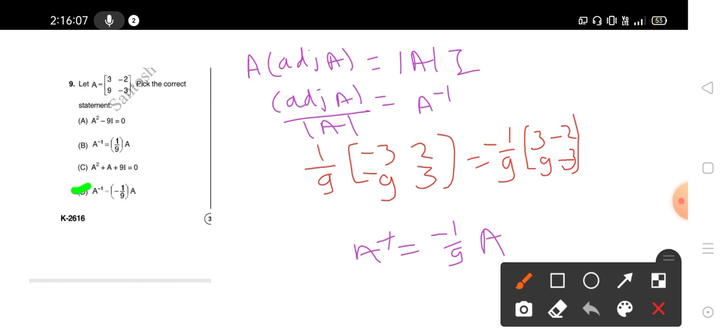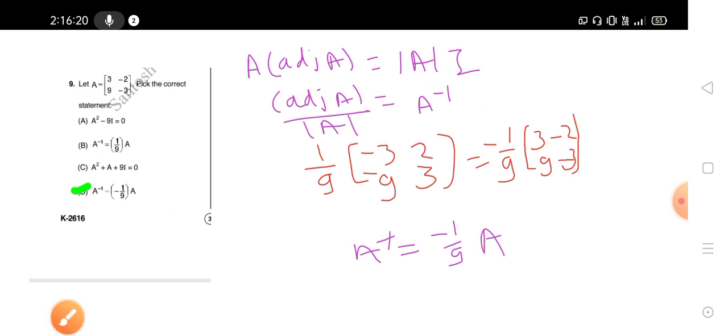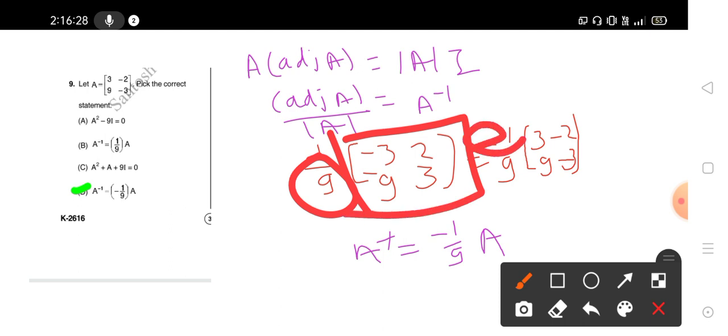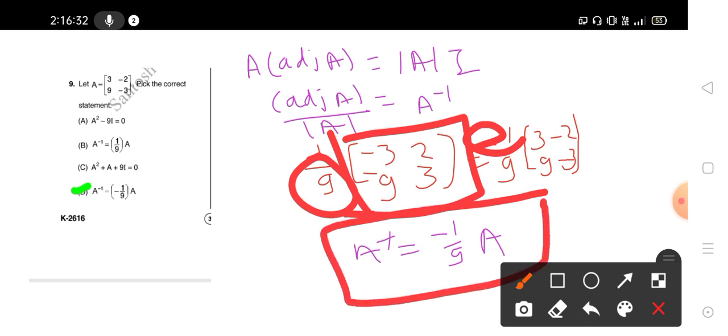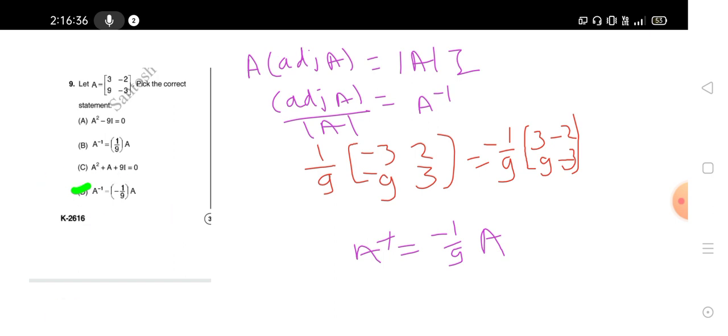So adjoint of A upon determinant of A equals A inverse. Here the determinant is minus 9, and this is the adjoint of A, taking the negative sign common. Finally we get A inverse equal to minus 1 upon 9 into A. This is correct. Therefore answer D is correct.